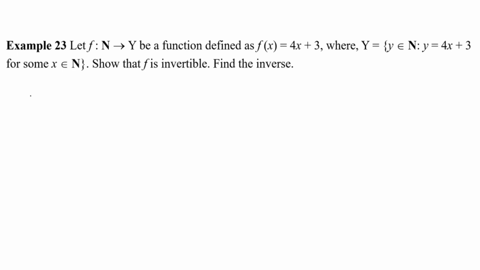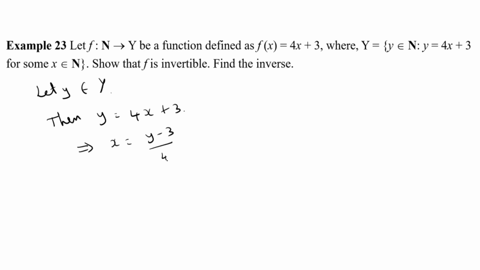Now let y belongs to Y, then y is equal to 4x plus 3, since by the definition it is given y is equal to 4x plus 3. So from this we can write x is equal to (y minus 3) by 4.